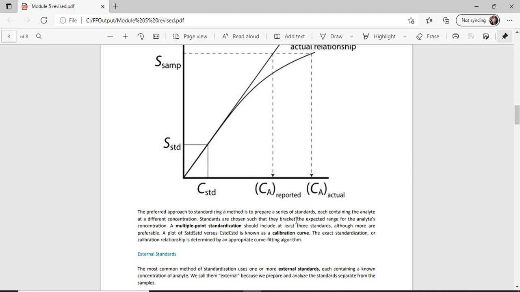A multiple point standardization should include at least three standards, although more are preferable. A plot of your signal versus your standard concentration is known as your calibration curve. The exact calibration relationship is determined by an appropriate curve fitting algorithm.